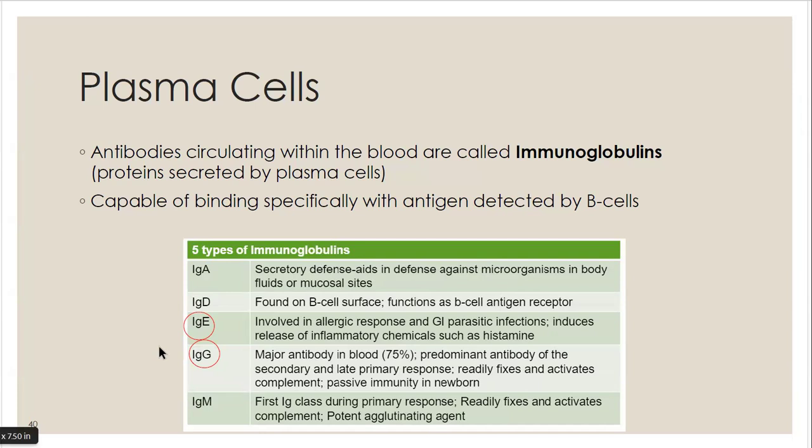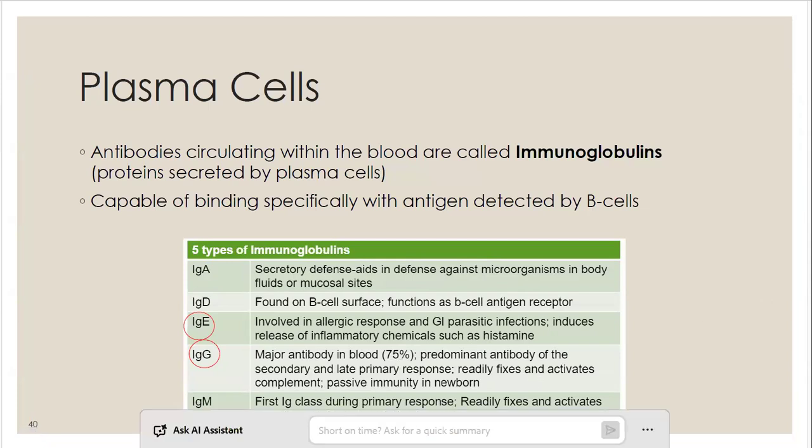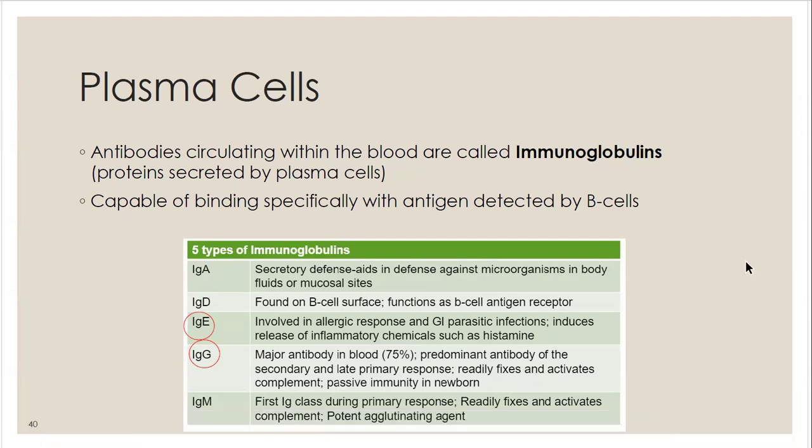IgE is involved in the allergic response and GI parasitic functions, which causes inflammatory chemicals such as histamine. IgG is a major antibody in the blood, the prominent antibody of the secondary and late primary response, and it readily fixes and activates complement, and provides passive immunity in newborns. Those are the ones you want to pay attention to.